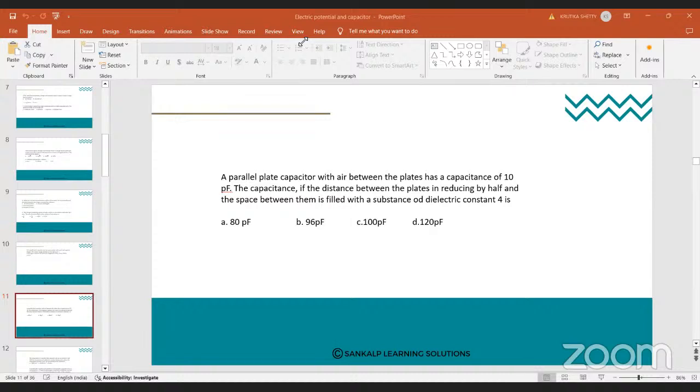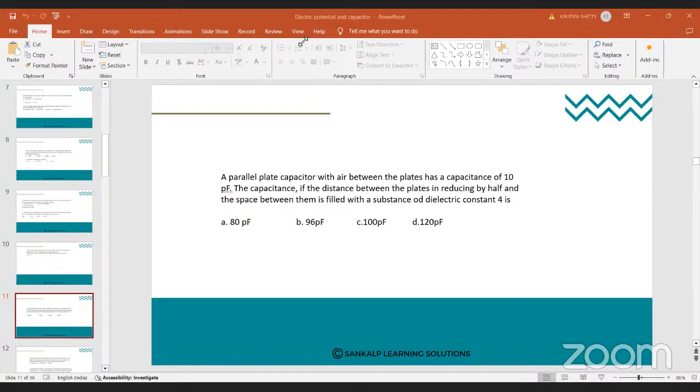A parallel plate capacitor with air between the plates has a capacitance of 10 picofarad. So the capacitance is 10 picofarad when air is there in between them. The distance between the plates is reduced by half and the space between them is filled with a substance of dielectric constant 4.